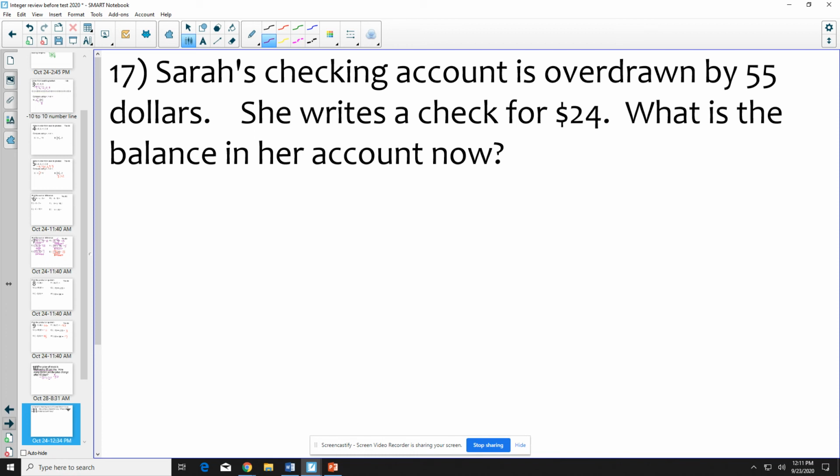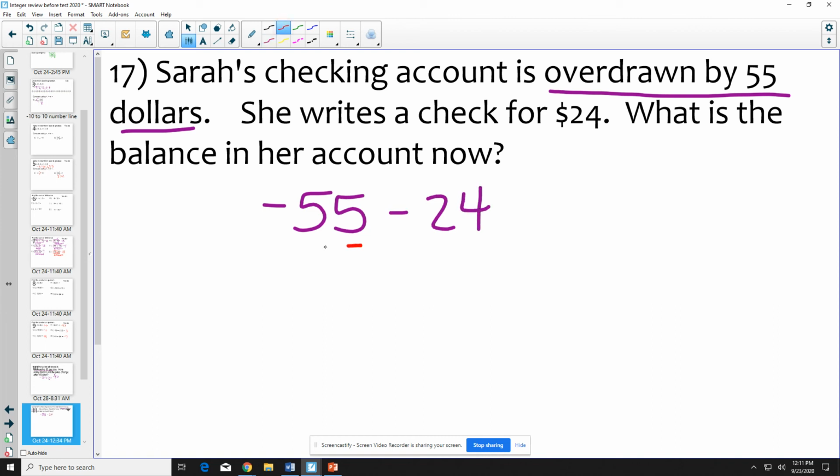Okay, so let's check this out. So now that you're done, overdrawn by 55 means she's taking out $55 more than she has. So that's a negative 55. She writes a check for 24. That means she's taking 24 more dollars out. So you're subtracting 24 from her balance. Remember, when we add and subtract, you want to box and check. Are they the same sign or are they different?